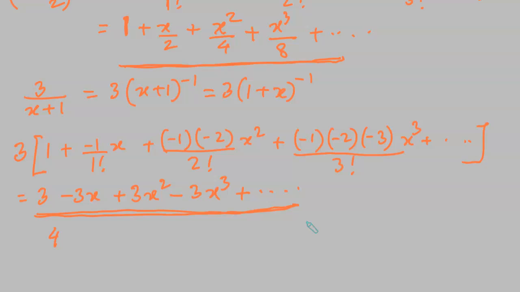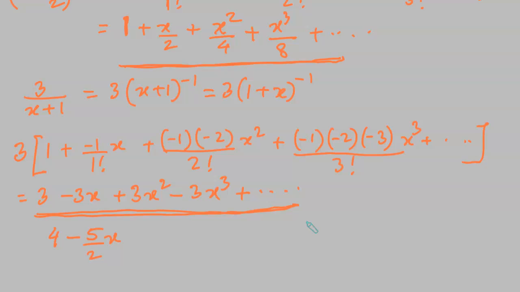Negative 3x and half x is what? Negative 2.5x, and negative 2.5x is equal to 5 over 2x. Okay, and then 3x square and x square over 4, that is 1 over 4x square.